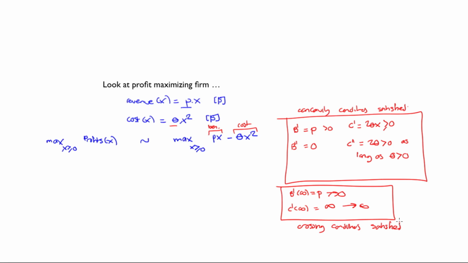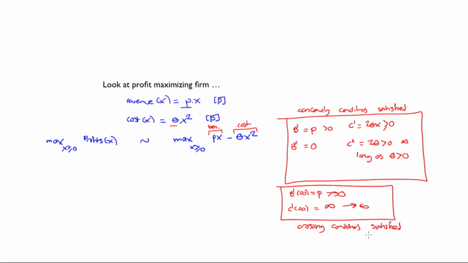Now, why is this useful? Because now we know that we have a problem that falls in the case that we have developed. We know that there exists a unique solution, and that the solution has the property that it is either 0 or solves marginal benefit equals marginal cost.